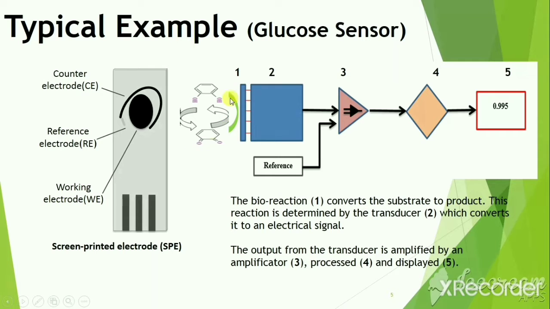As you see here, in our case, catechol will be oxidized on the surface of the sensor. And this oxidation reaction will be converted to an electrical signal using a transducer, and this signal will be amplified and then processed inside an electronic device, and at the end will be displayed on its screen.